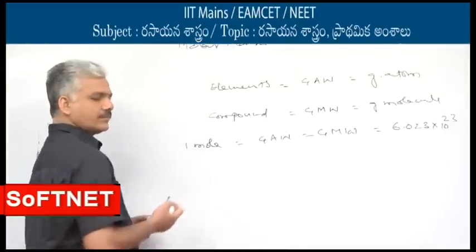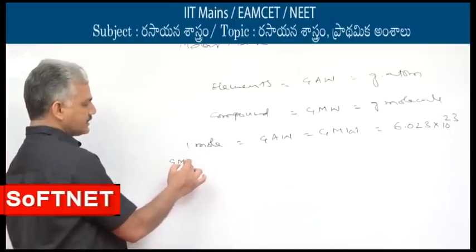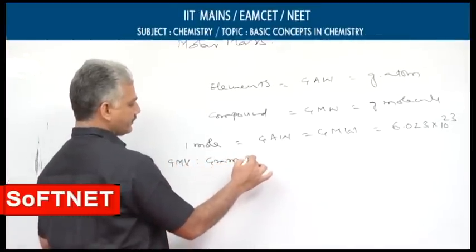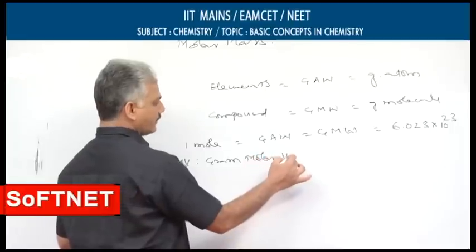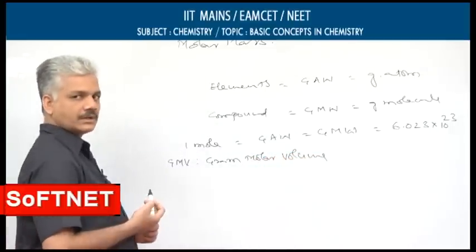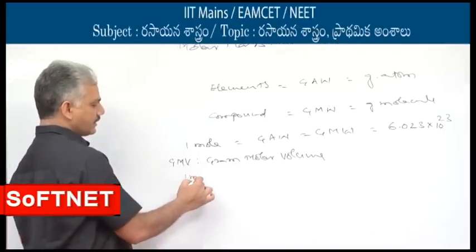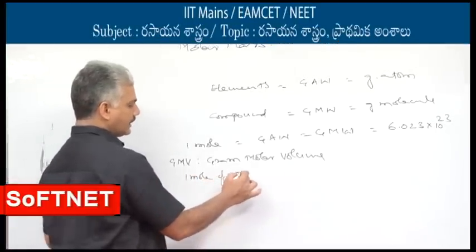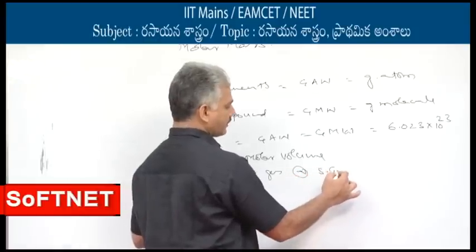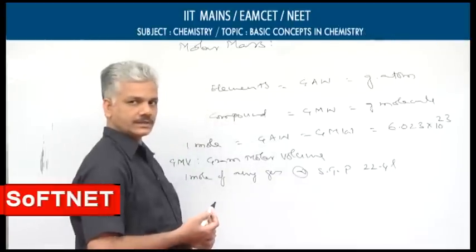Similarly, to convert moles into volume, we make use of a term called GMV, meaning gram molar volume. This is applicable in particular for gases. In case of gases, 1 mole of any gas at STP occupies a volume of 22.4 liters.